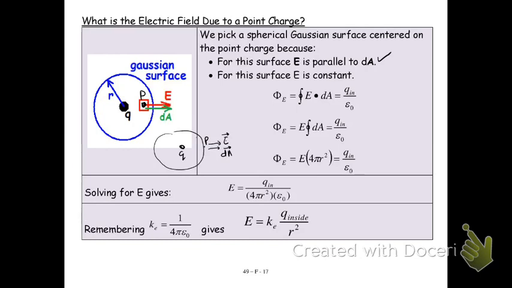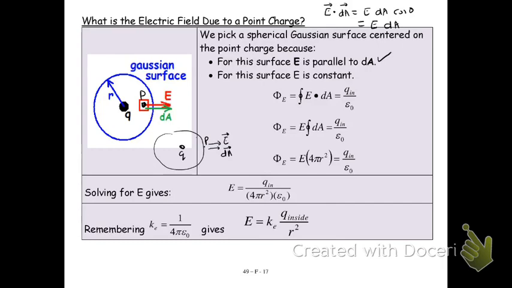They're both radially symmetrical. And so my E dot dA equals E dA cosine theta, which equals the magnitude of E times the magnitude of dA. So that which is complicated becomes simple.